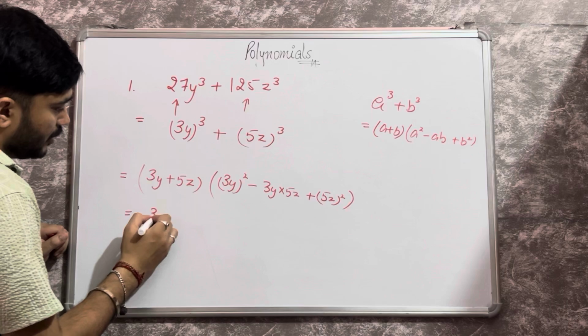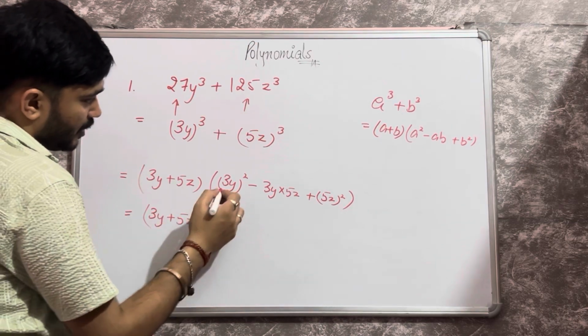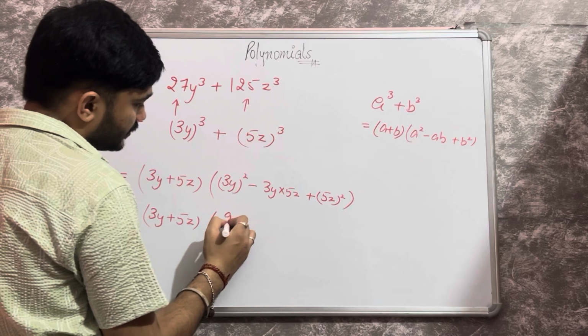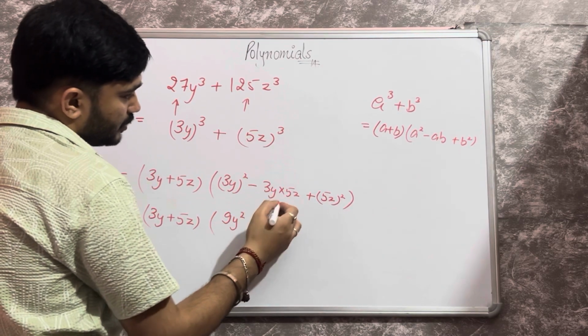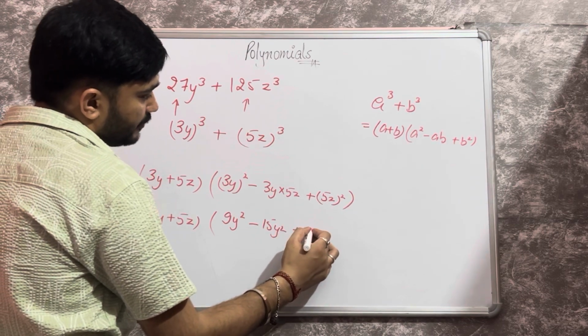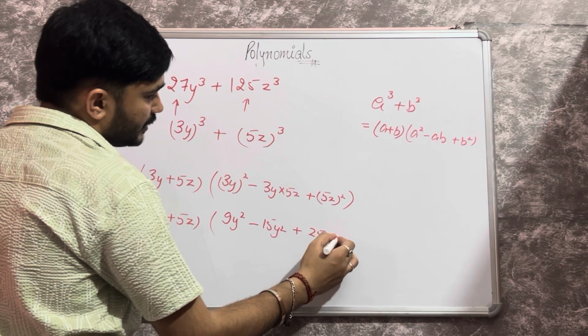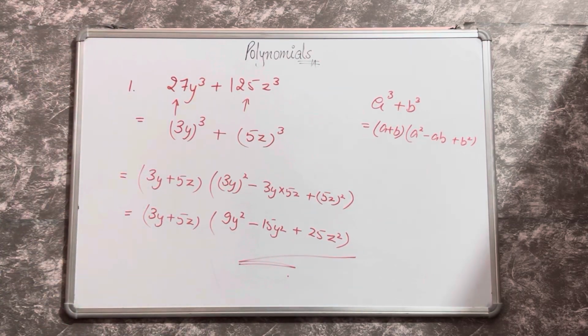Now look here, write 3y plus 5z as it is, and it will be 3 square, that is 9 y square, minus 3 into 5 is 15 yz, plus 5 square, that is 25 z square. This is going to be our answer. Any doubt?